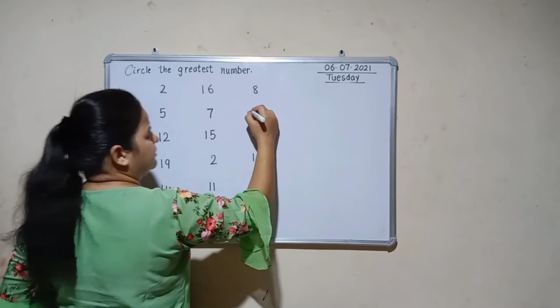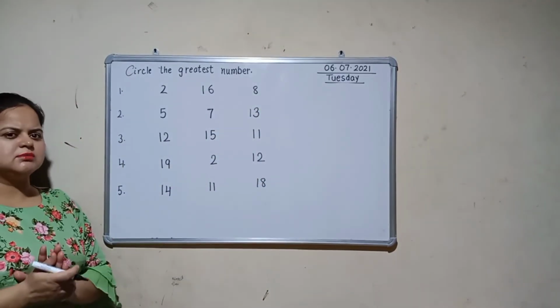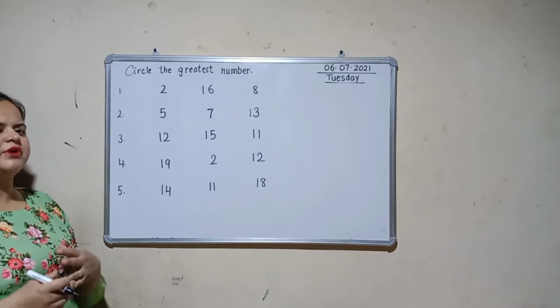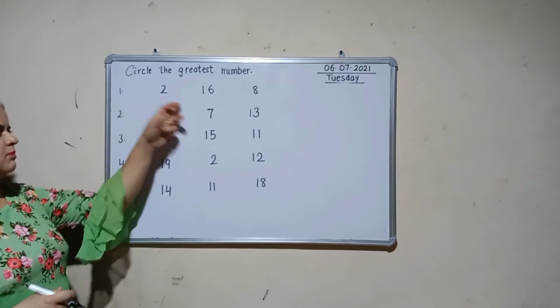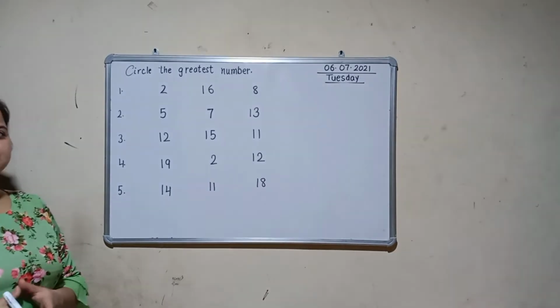Done? Write the same sums in your notebooks and after that we will find the greatest number from each set and circle that number.